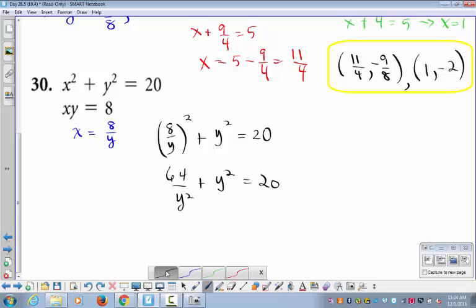So at this stage, you have to clear that fraction out, so you have to multiply through everything that's multiplied by y squared. And that's going to generate a fourth order polynomial.